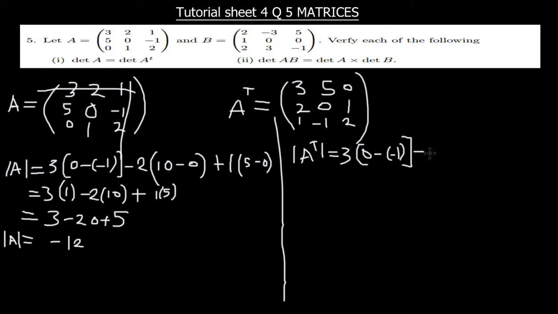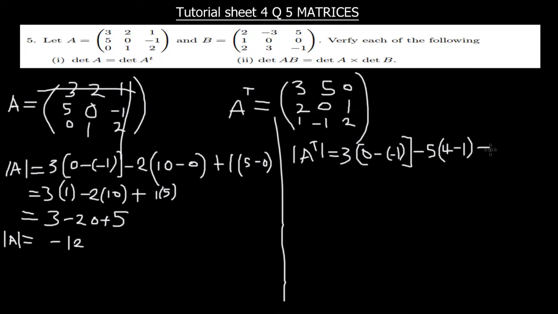And then you say minus 5, and then open brackets, so the minor for 5 is 2 times 2, there you get your 4, and then minus 1 times 1, that is going to give you 1.